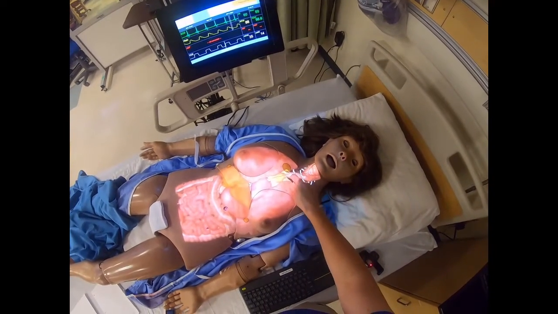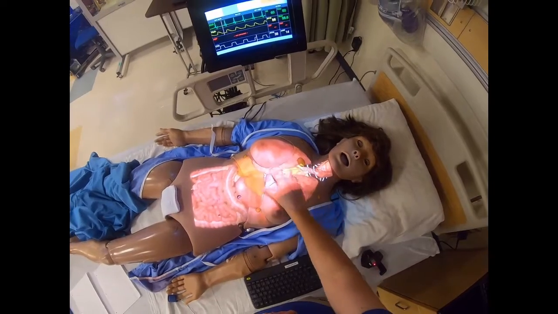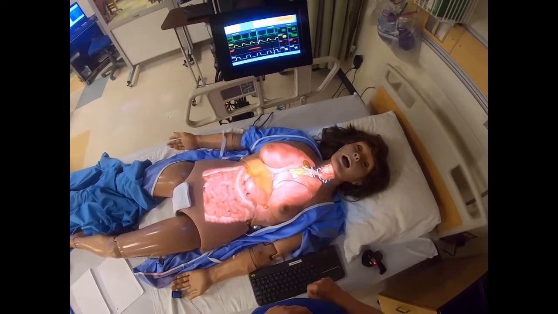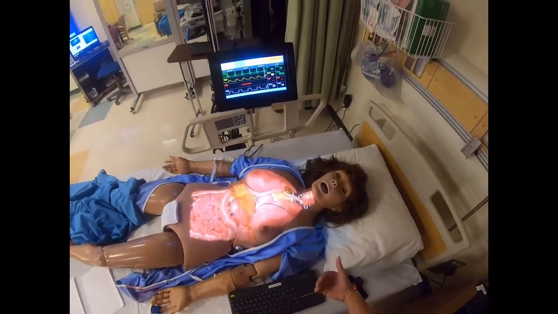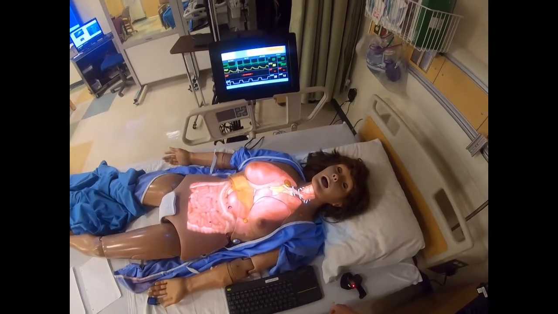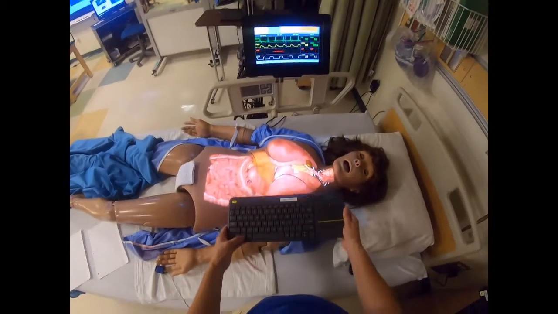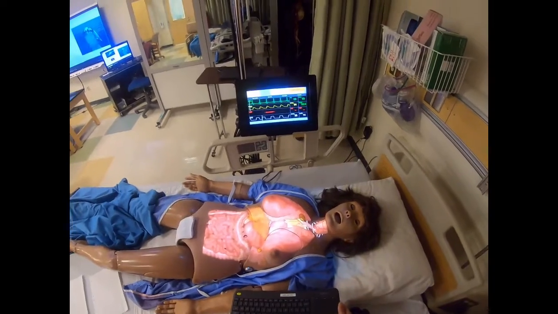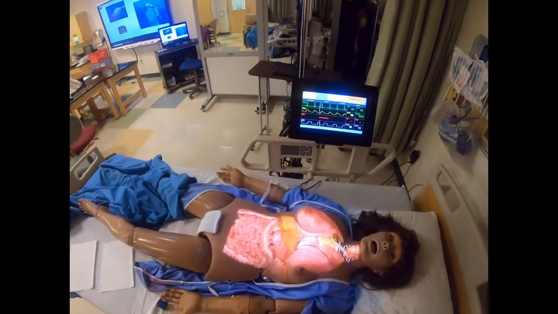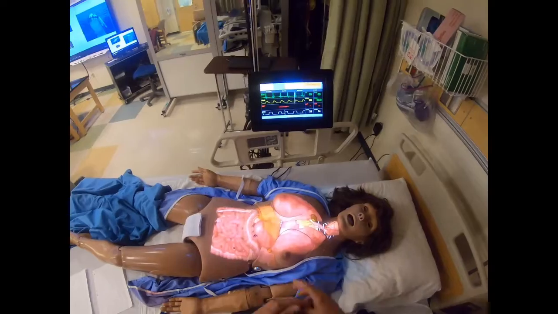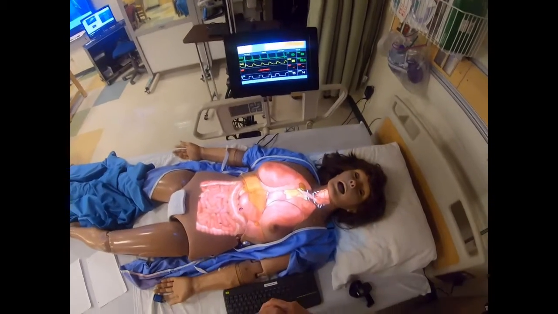Right here we see the trachea, which will branch out into additional structures into the lungs. So if I go ahead and administer oxygen and or bronchodilator, I should see my pulse oximetry increase as airways open and oxygen levels increase.